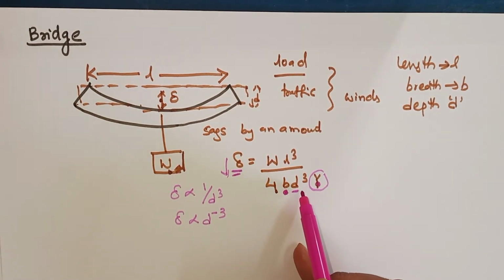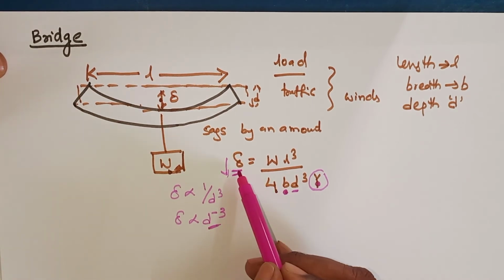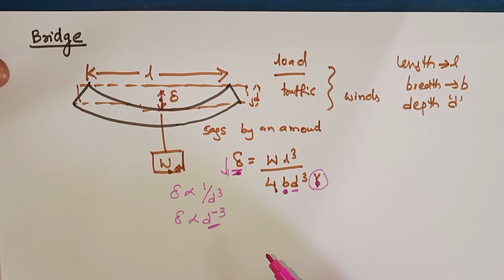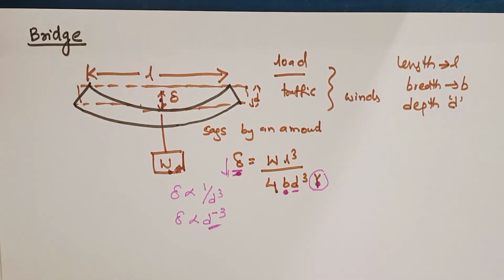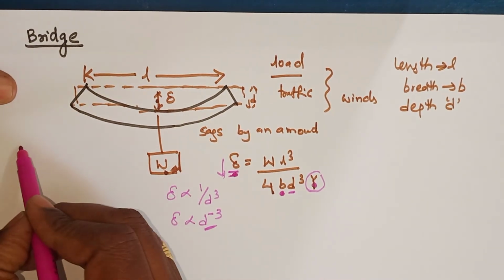So increasing the depth rather than breadth means we have already seen the relation. Now this would be a much lesser value. Now this type of bending, like in a deep bar bending, like this is a bar.